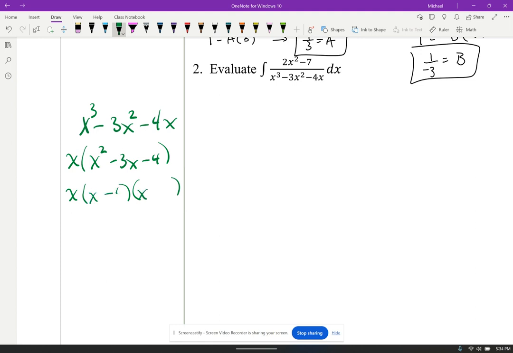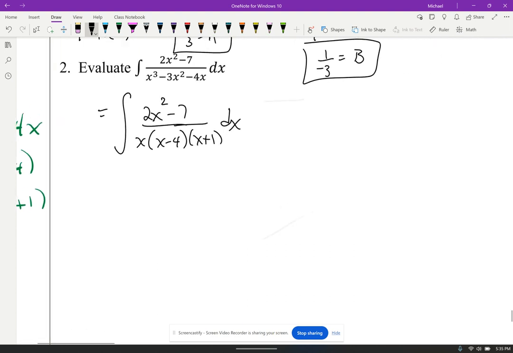I believe that's going to be x minus 4 and x plus 1. And so this denominator, or rather this integrand, this rational function, the denominator can be written as this, because when I multiply these factors, I get back to x cubed minus 3x squared minus 4x.